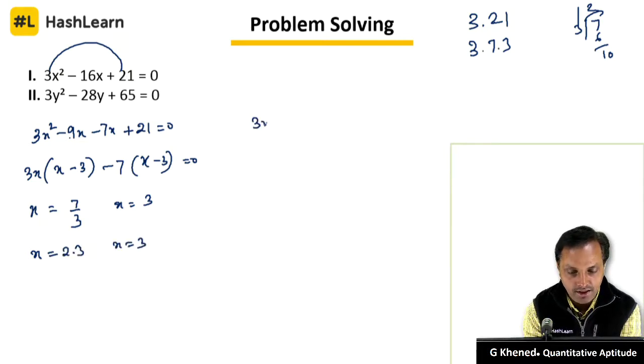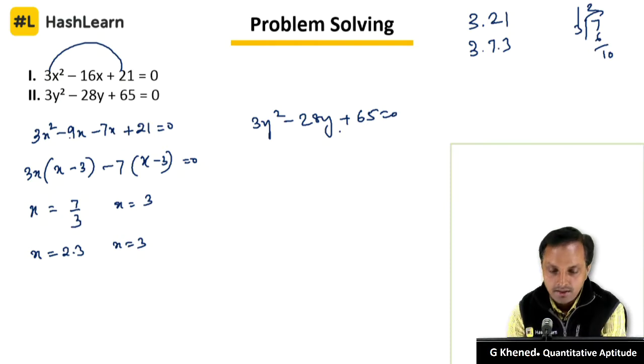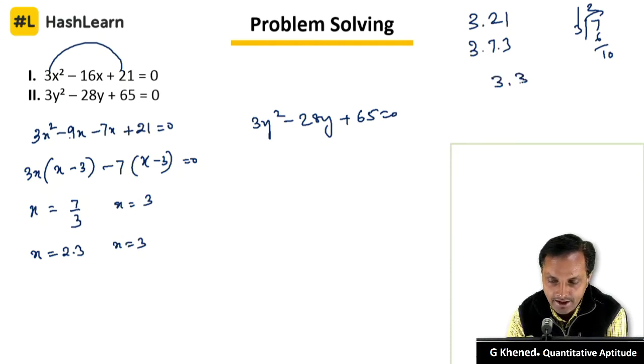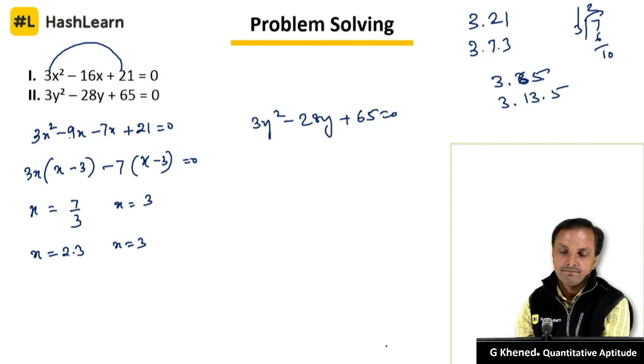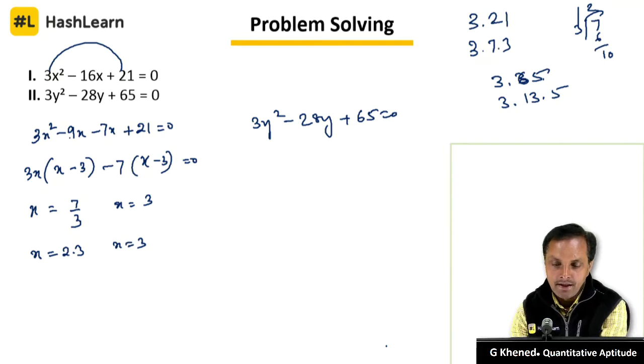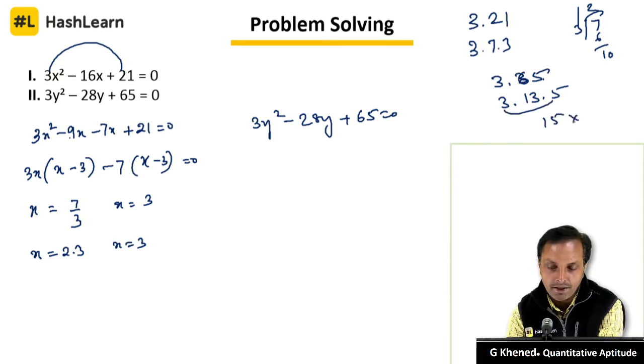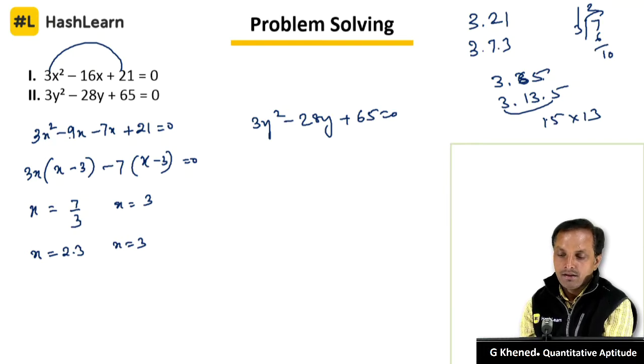Similarly, when you solve 3y square minus 28y plus 65 is equal to 0. The factors for 3 and 65, this is 13 into 5 is 65, 13 5s are 65. So this you can multiply 15 into 13, you will get 15 plus 13 as 28.